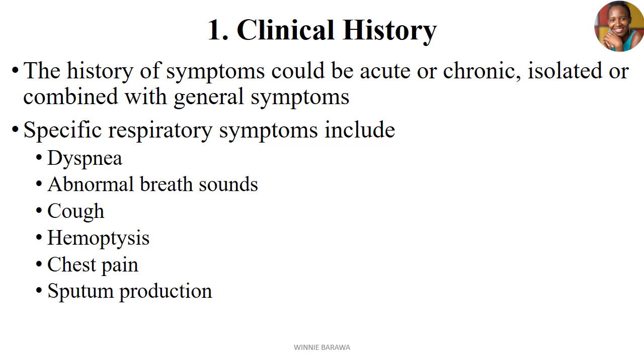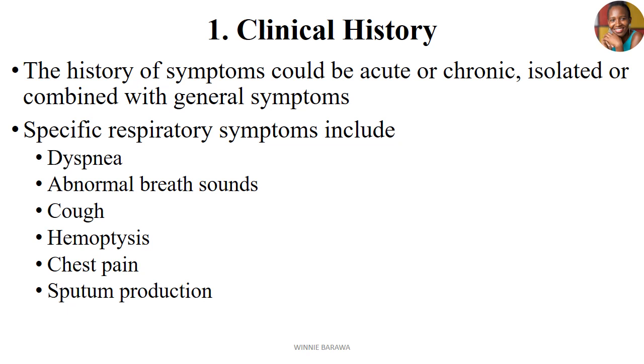If you are querying respiratory disorders, these are part of the symptoms that can guide us. Dyspnea is difficulty in breathing or labored breathing. Then the abnormal breath sounds, which could be in the form of bronchitis, wheezes, rales, and so on. There's also cough, and cough could be dry or wet. Then you have hemoptysis.